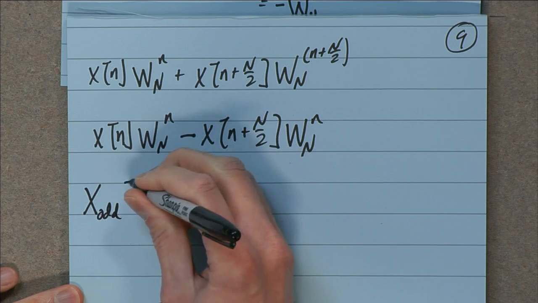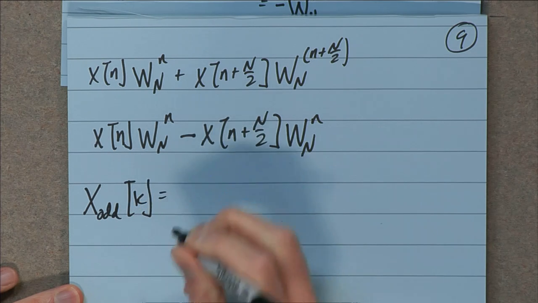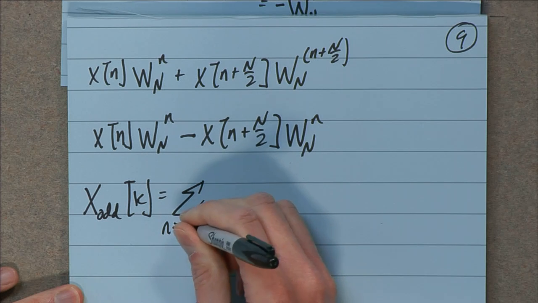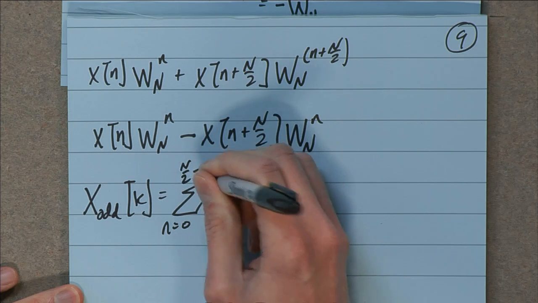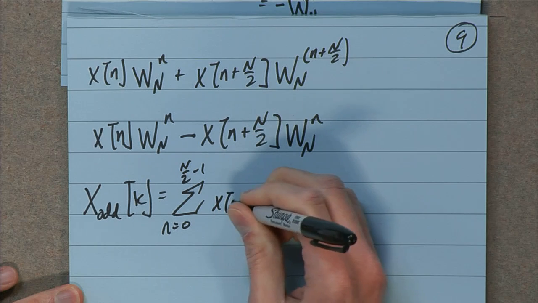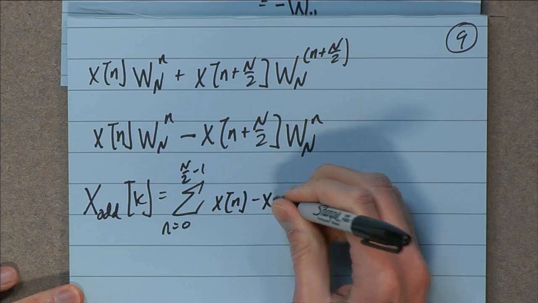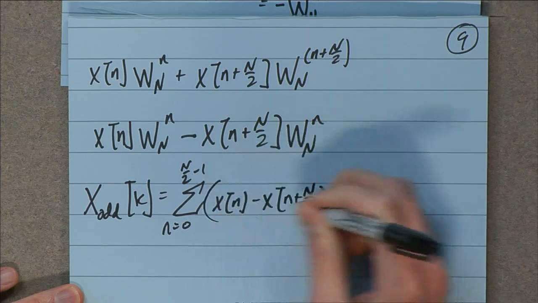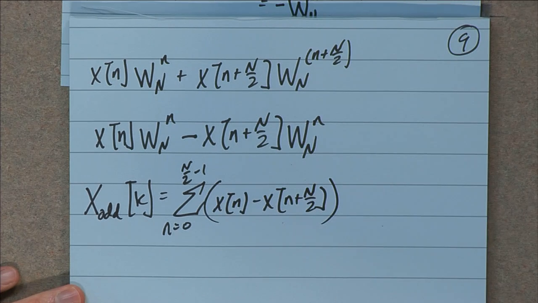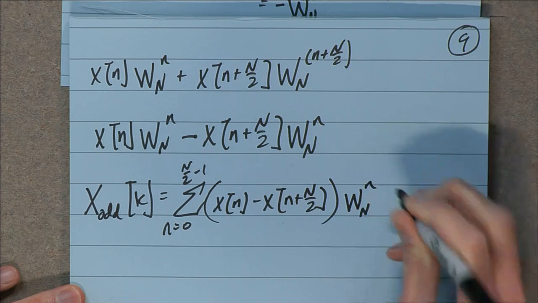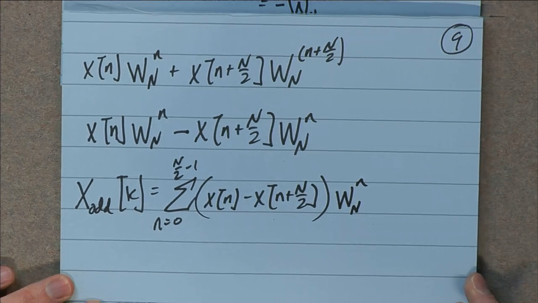Now we can finally write it as x odd. The odd parts are going to be the sum for n equals 0 to N over 2 minus 1. Now we can put this x of n minus x of n plus N over 2, and the whole thing times W_N to the n.